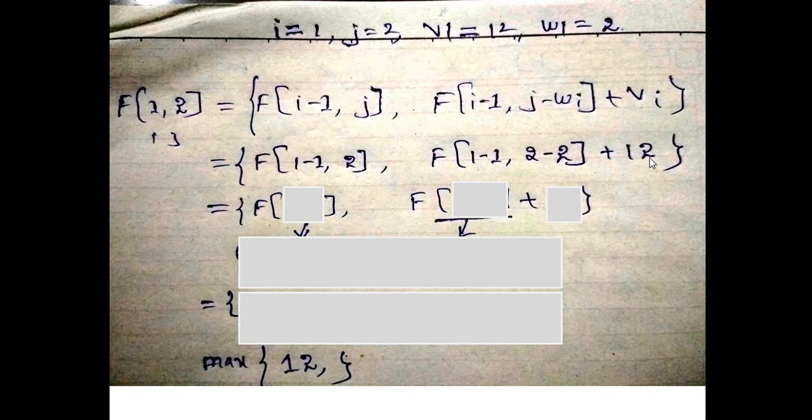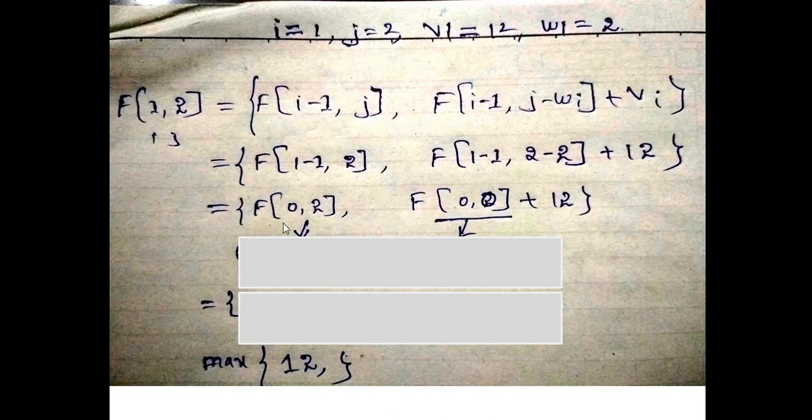So 12 is written. 1 minus 1 is 0 comma 2, and 2 minus 2 is 0. So 0 comma 0 plus vi, which is equal to 12.